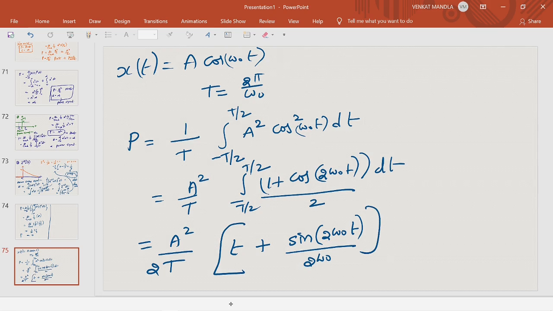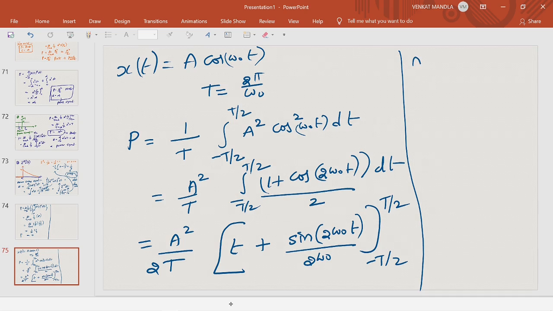Substitute the limits minus T by 2 to plus T by 2, and that equals a square by 2T into. First substituting in the t term, T by 2 minus of minus T by 2 gives T.